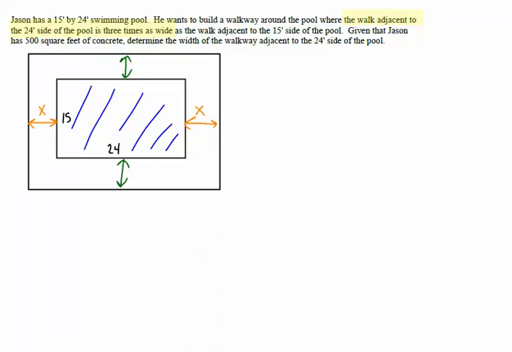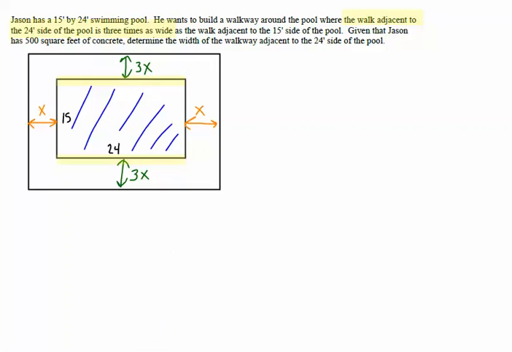The walk adjacent to the 24-foot side of the pool, which is right there, we will color coordinate accordingly. Here's the 24-foot side, here's the 24-foot side. Adjacent to it, or next to it, that's going to be 3x because it's 3 times as wide.